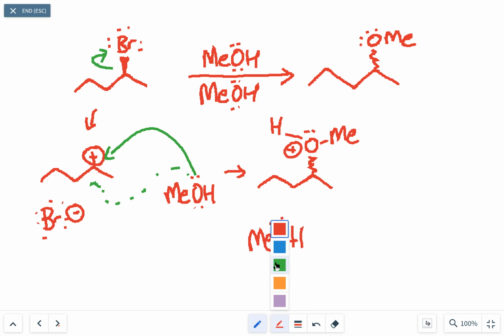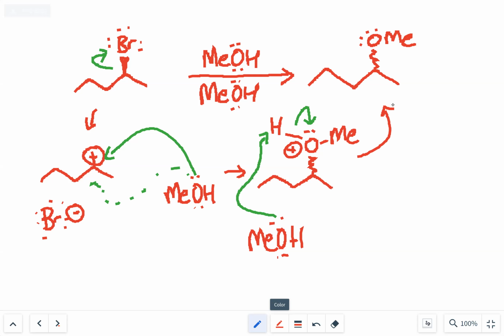Why am I using methanol to deprotonate it and not bromide? Because it's the solvent, right? That's an excellent answer. Okay, it's the solvent. The number of extra methanol molecules in there compared to bromide is trillions and trillions, and God knows how many more.